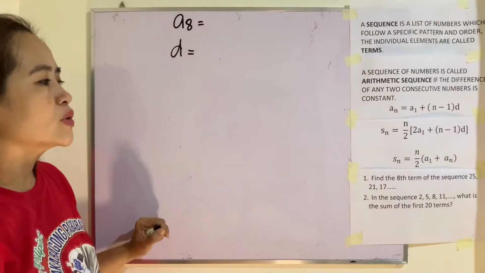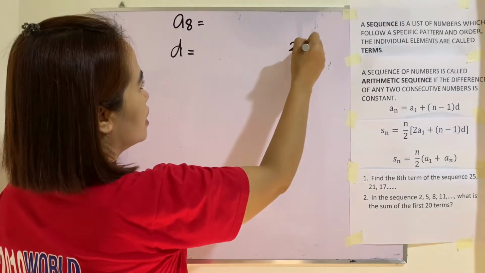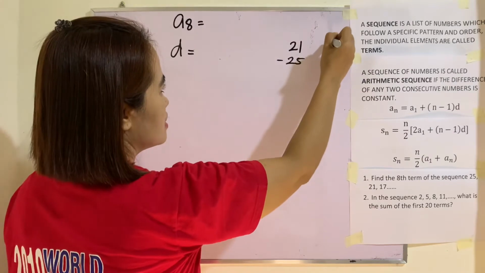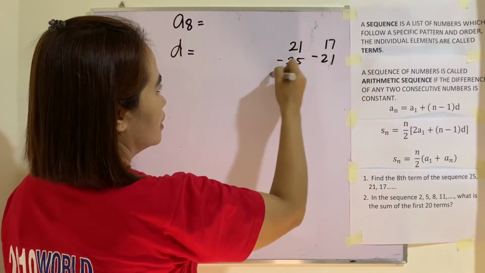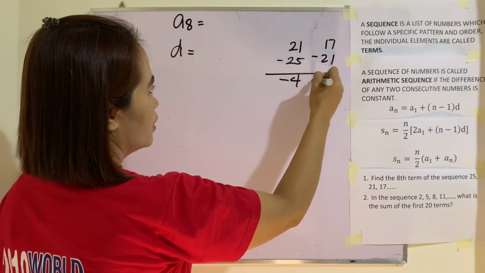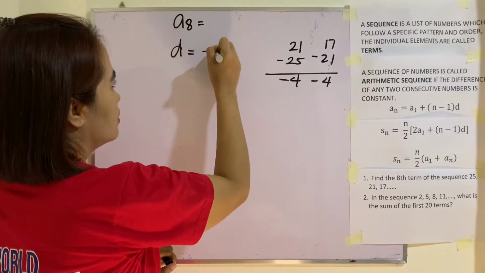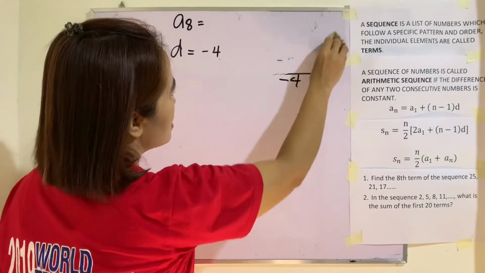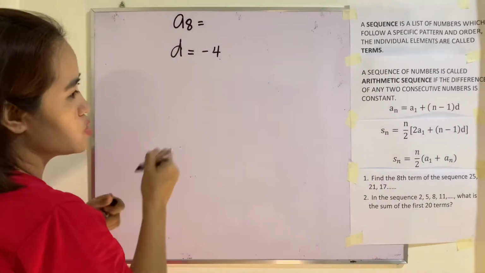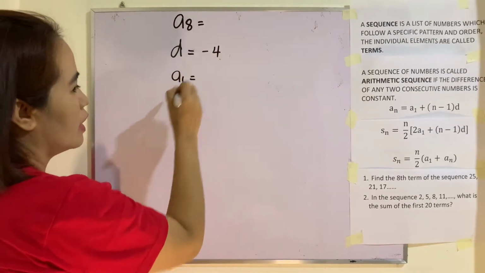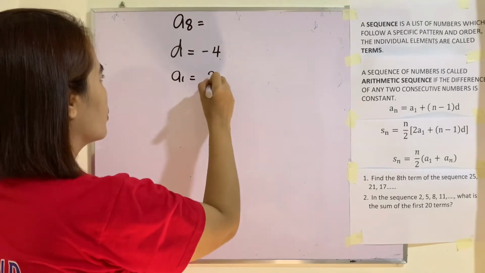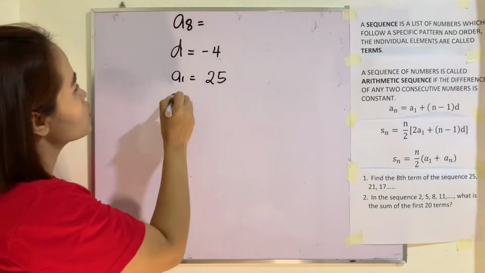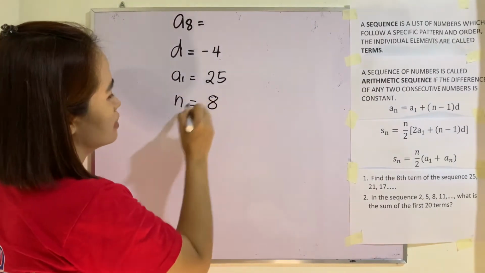How are we going to get the d? 21 minus 25, and then 17 minus 21. So this one is negative 4, this one is negative 4. So you have negative 4 here as the common difference. What else? Our A sub 1 is also given, and that is 25. Our n is also given, and that is equal to 8.